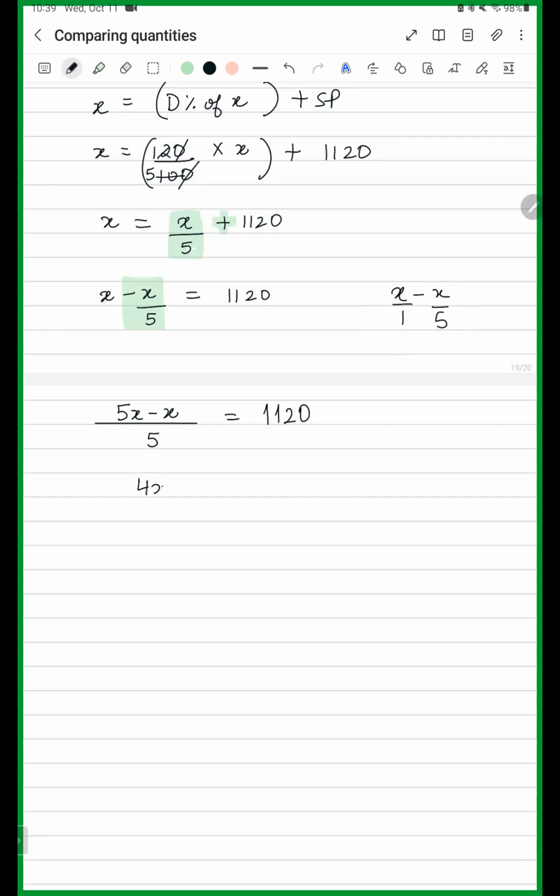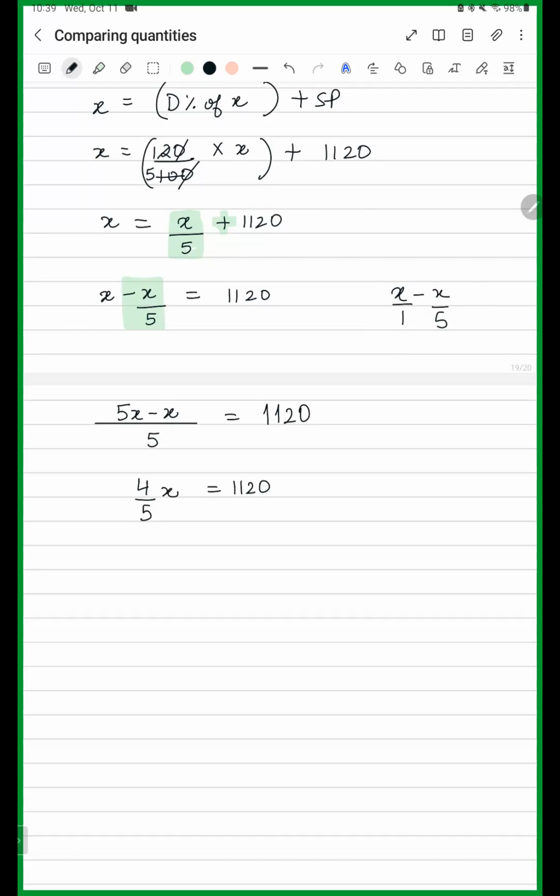Then we can bring 5 to the other side, we'll just multiply it, or we can bring 4 by 5 also. It is 4 by 5 into x, right?